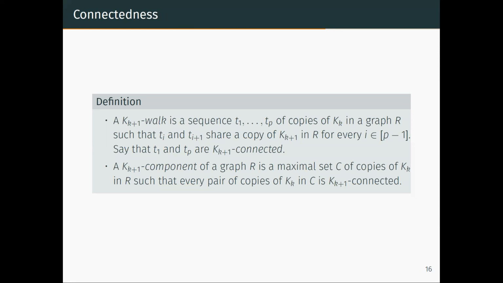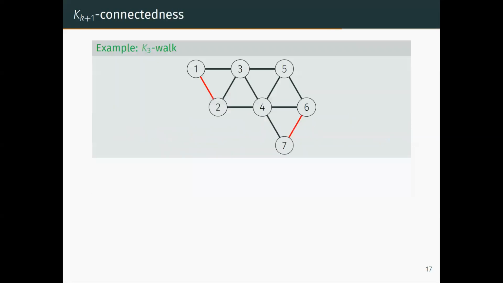If we can find a walk between two copies of K_k, then we say that they are connected in this sense. This gives us an equivalence relation, and so we get these notions of components out of the equivalence classes of this relation.